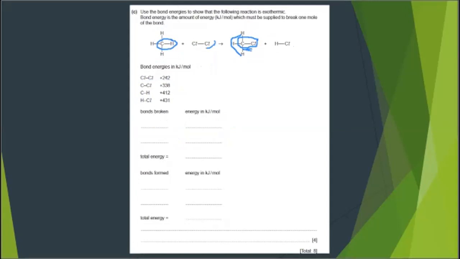And this here changed, and this one changed. So we can simply check how much energy is required to break this bond, and how much energy is required to form this bond and that bond. And by so doing, we subtract one from the other, and we'll be able to figure out the total amount of energy that is produced.